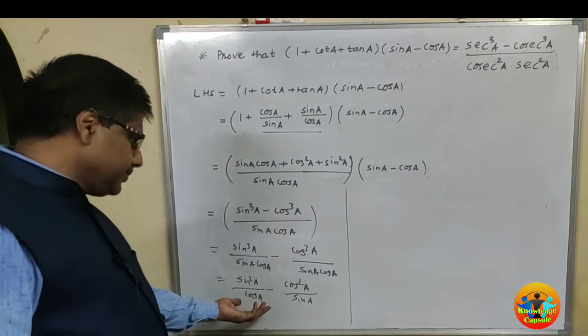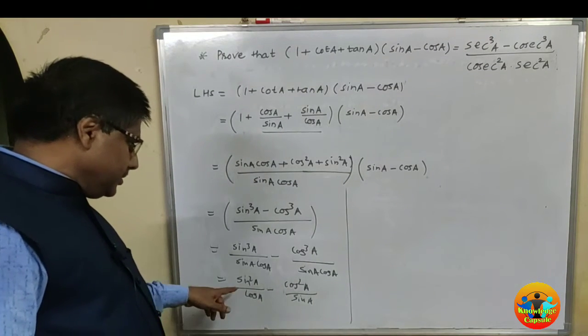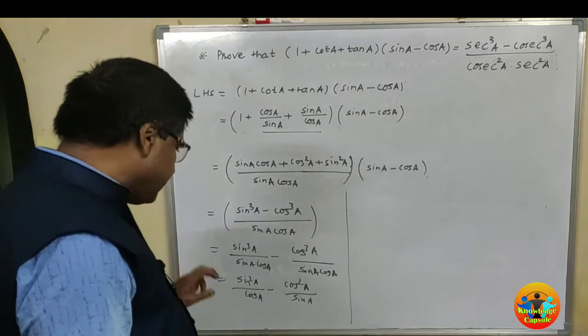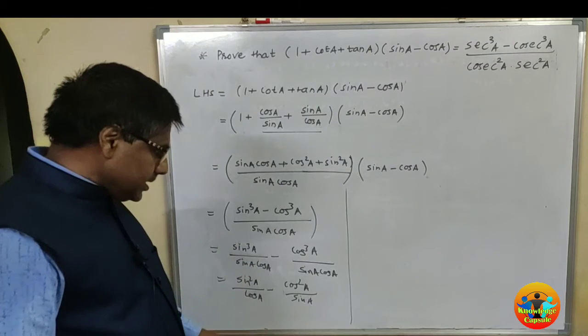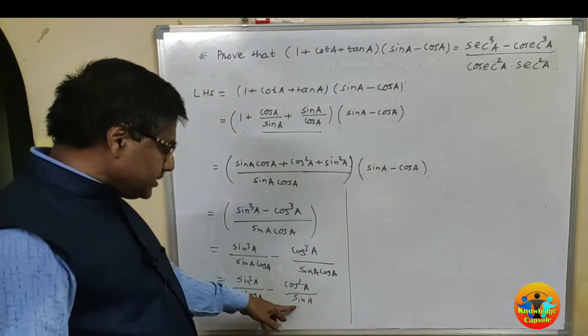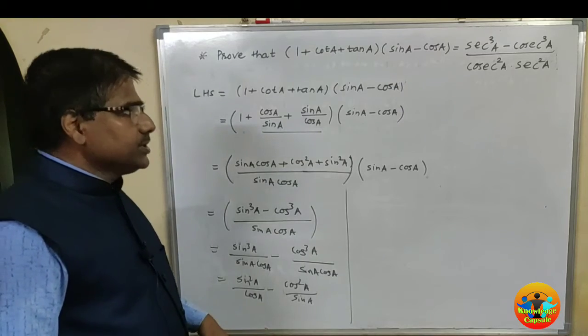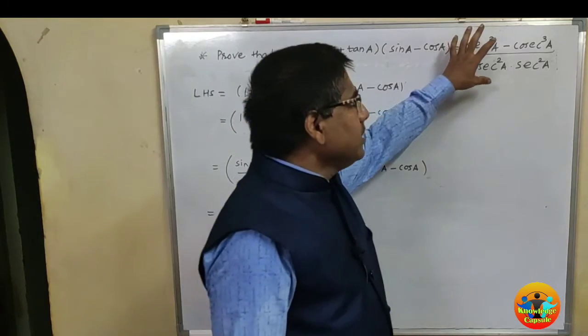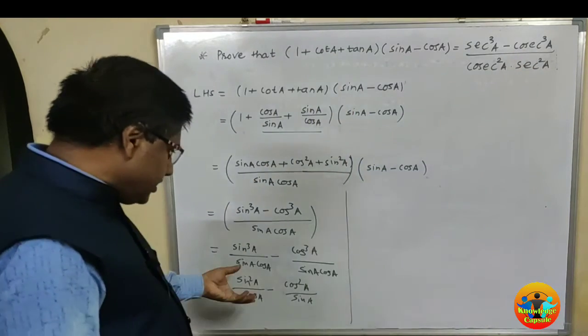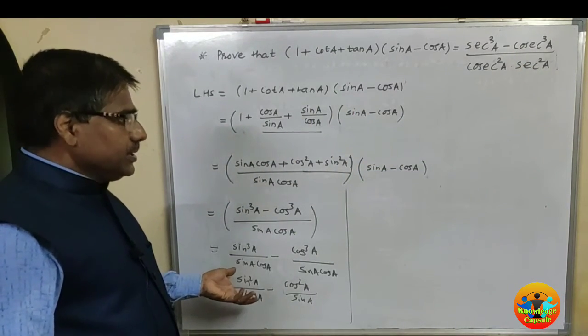Now let us further simplify it. Let us write this sin square A as 1 by cosec square A, cos A as 1 by sec A, cos square A as 1 by sec square A, and sin A as 1 by cosec A, because ultimately we have to write this expression in terms of sec and cosec. Therefore we are just manipulating by reciprocals.